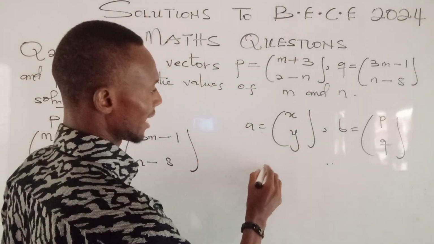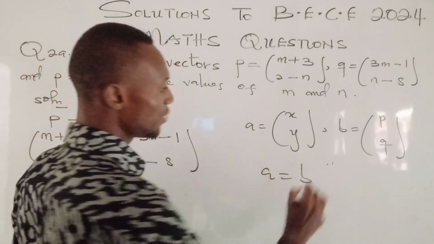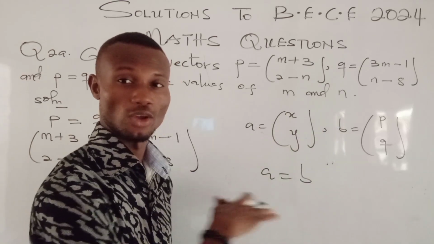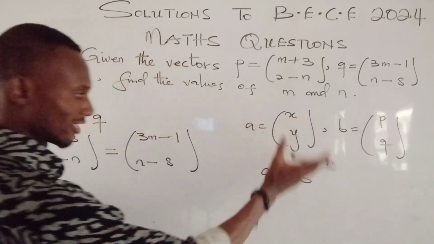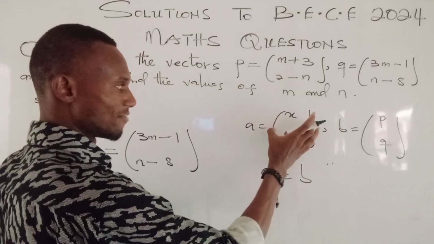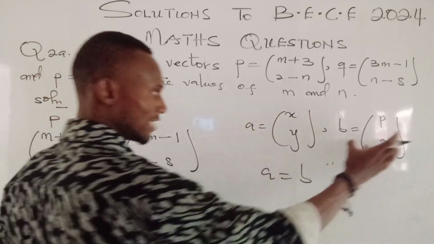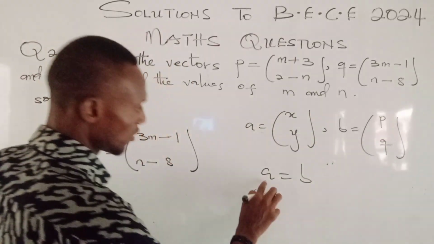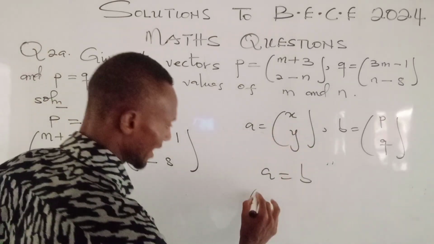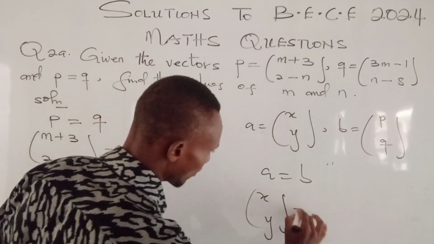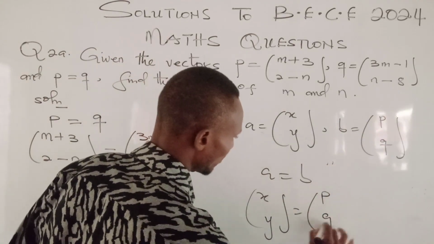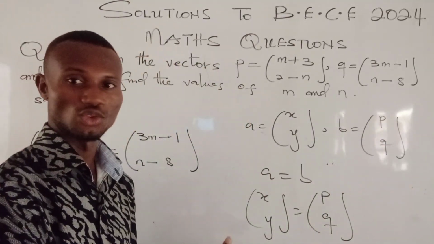When I say A equals B, this is me equating the two vectors, so this is equality of vectors. As usual, I'll put the value of vector A here and the value of vector B there, and we equate them: (s, y) equals (p, q).